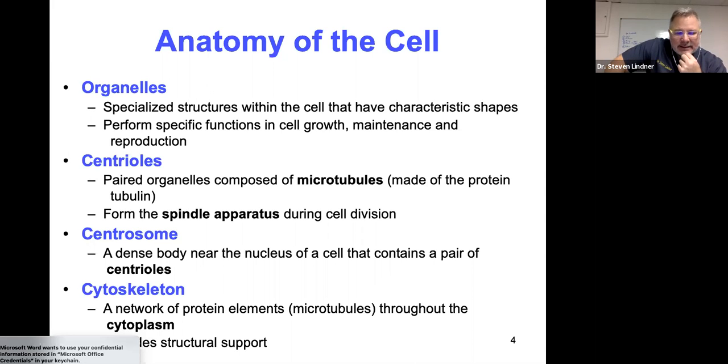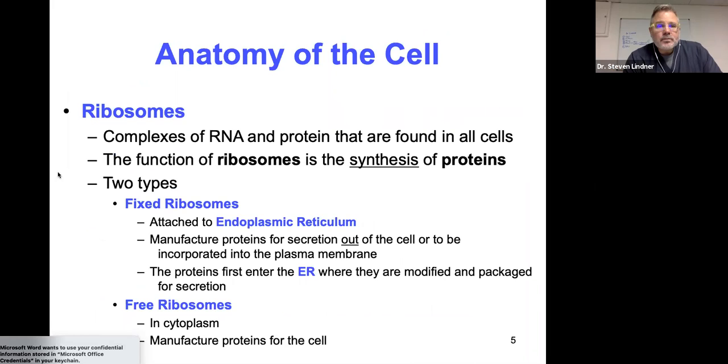The cytoskeleton is a network of protein elements throughout the cytoplasm. The cytoskeleton really just helps to maintain the structure of the cell. Now, you heard me mention ribosomes as either being fixed ribosomes or free ribosomes. Ribosomes are complexes of RNA and protein that are found in all cells.